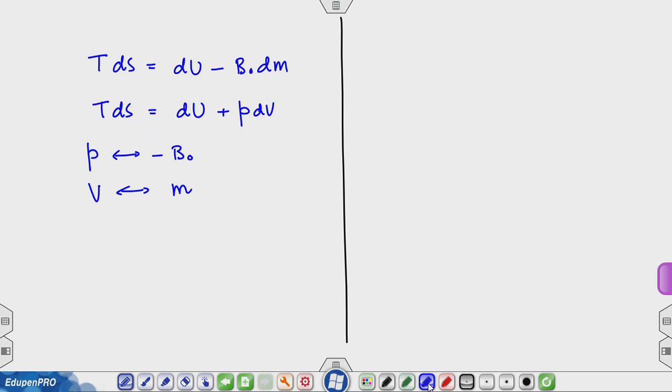Now, we are going to assume that the paramagnetic salt has chi m equal to C over T. So, let's now solve this problem.